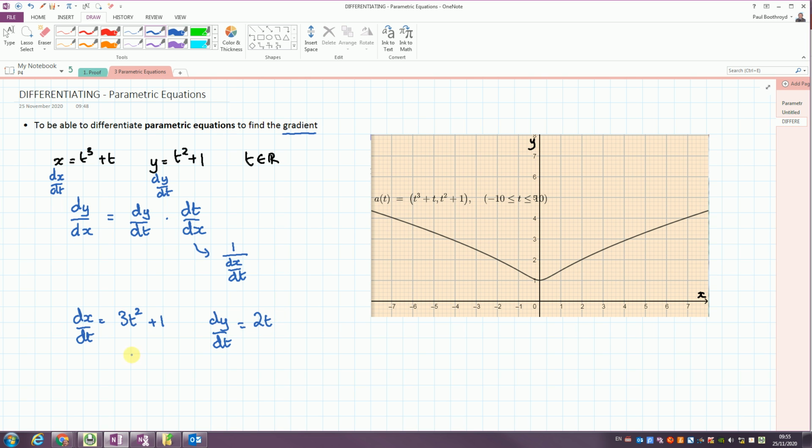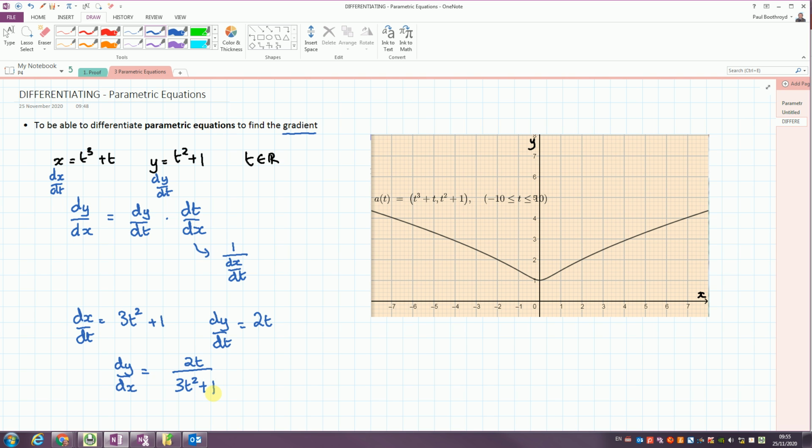So when we put this into our equation, we want dy/dx: we do dy/dt and divide it by 3t squared plus 1.